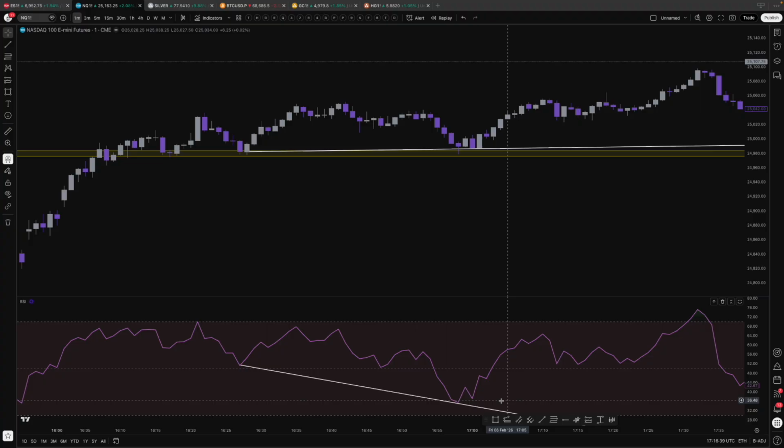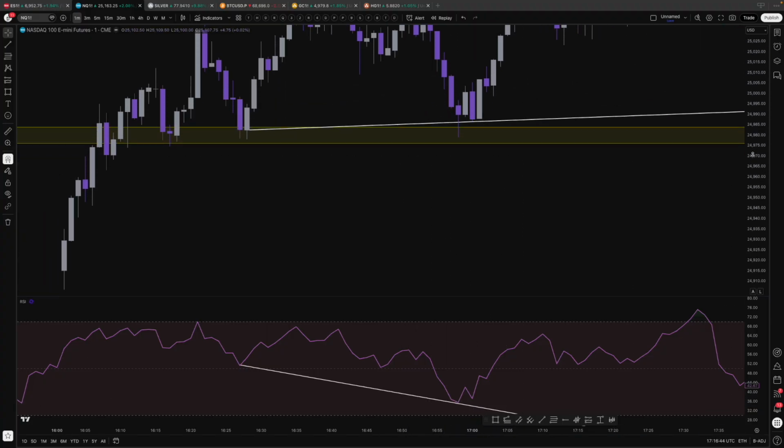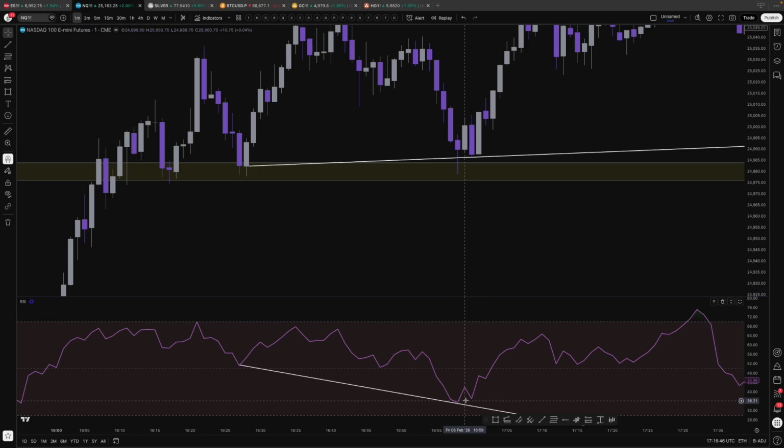And then look at this magic. We get another push down. And here's our narrow divs on top of wide hidden divs. So we start to get some of these real nice factors happening here, right? So we've got a low, a little pullback, a lower low, and here we've got a higher low. All right, it's a beautiful thing.